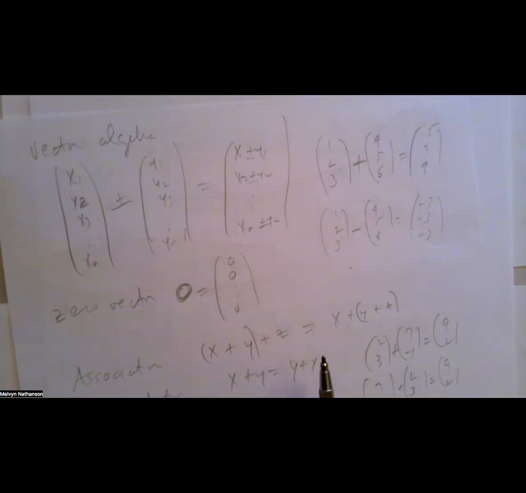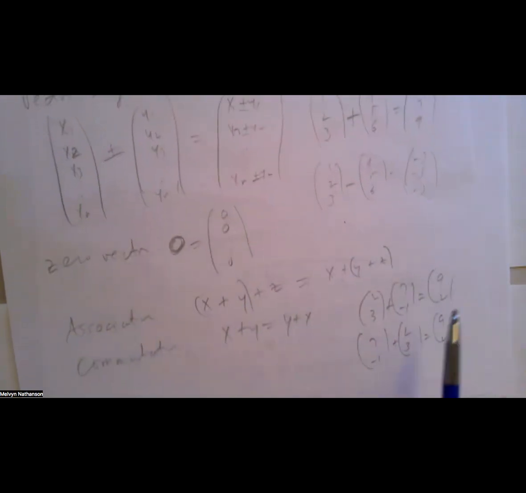So the order in which you perform addition doesn't matter. And you have an identity vector, 0. The 0 vector plus any vector x is equal to x, right? Because if you have, for example, (0, 0, 0) plus (2, 3, minus 7), that's still (2, 3, minus 7).